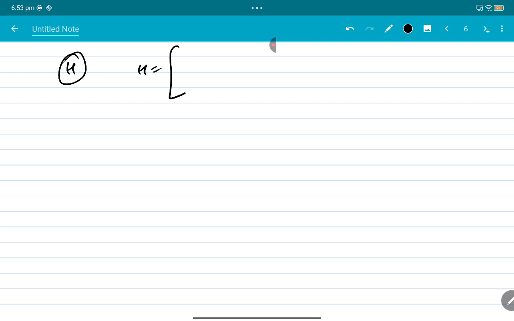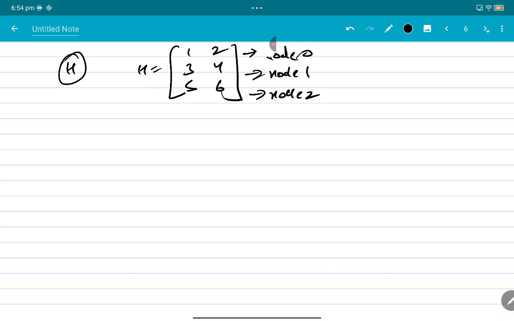For node 0 we have the numbers 1 2, for node 1 we have 3 4, and for node 2 we have 5 6. Similarly for the weight matrix, we can initialize it randomly in our neural network, but let's say it is given by this 1 0 0 1 for simplicity, because we have only two features.